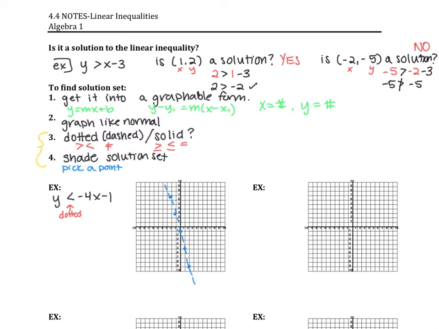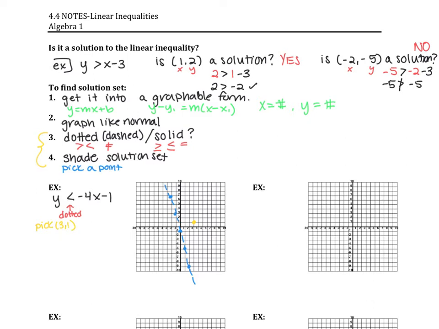So the best way to tell what my solution set is going to be is to pick a random point. If I can pick (0, 0), I will. But because this line goes very close to (0, 0), I'm not going to pick that this time. So let's pick a different point. Let's pick the point (3, 1). So we're going to pick the ordered pair (3, 1) to test.